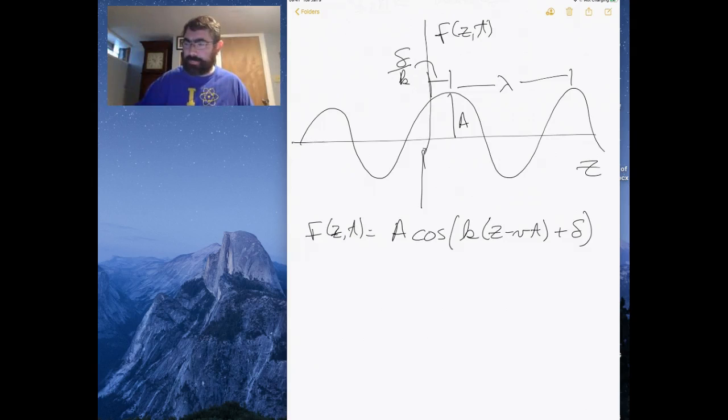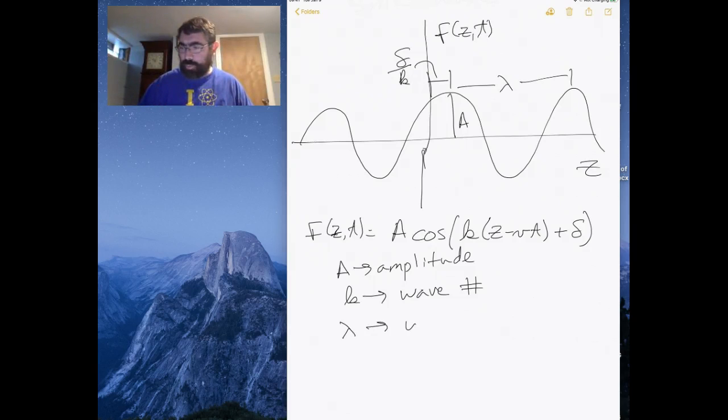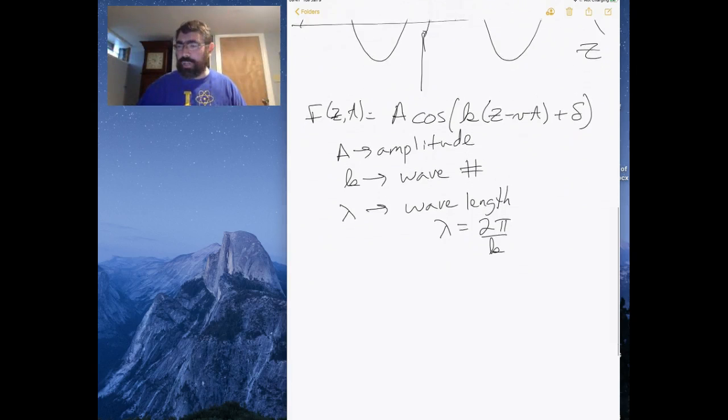So A is the amplitude, the maximum height of the wave. k is the wave number. Lambda is the wavelength, which I can write down as how many wave numbers there are in 2 pi radians. Basically one cycle is 2 pi.